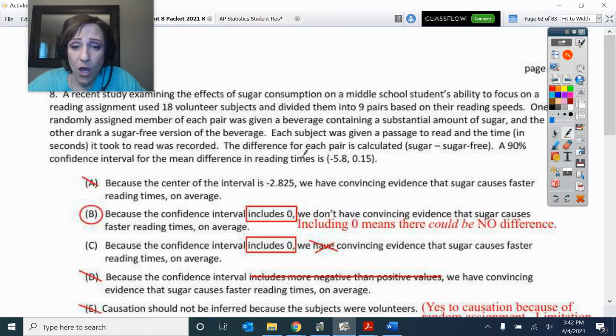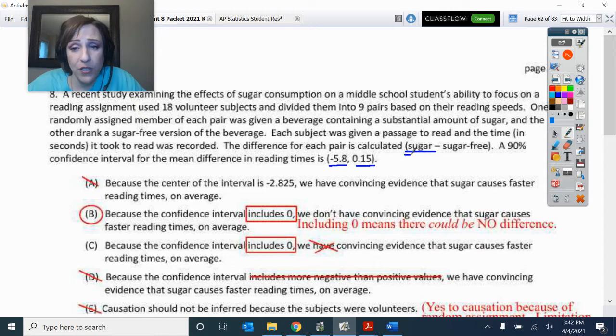Okay, so look here at this difference in the average reading time. That means the sugar group has an average that is 5.8 seconds less than, up to 0.15 seconds more than the sugar-free group.